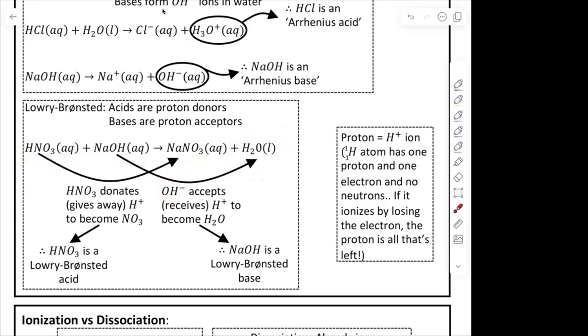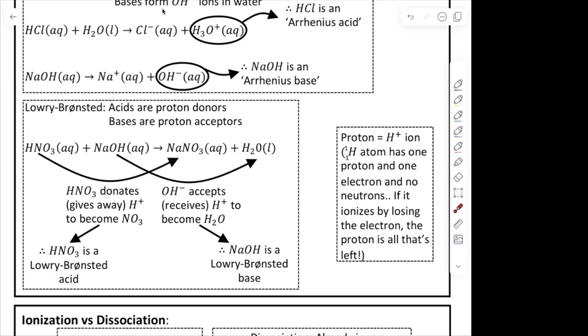So we can clearly see that the HNO3 donated an H plus, or donated a proton, so it becomes our acid. And then NaOH accepted the H plus, it accepted the proton, and therefore it becomes our Lowry-Bronsted base. Very important. 7.1, you'll always get a question like this.